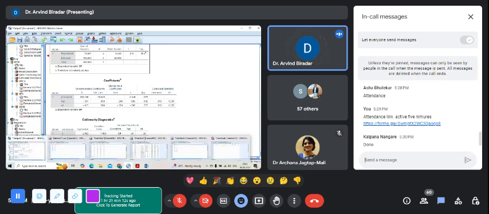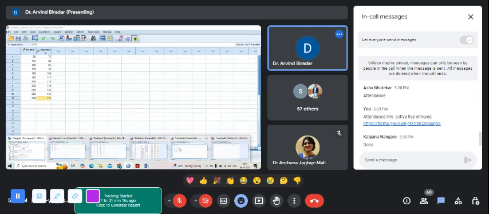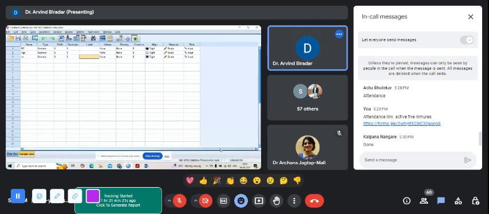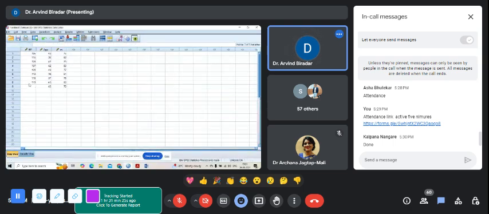Suppose I increased the observations instead of 8.